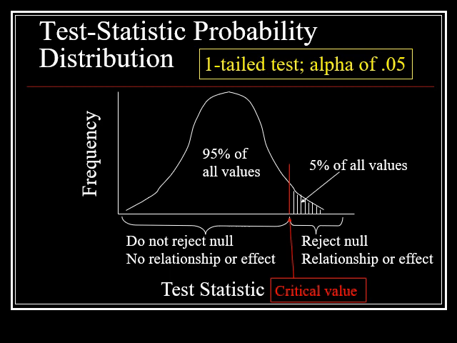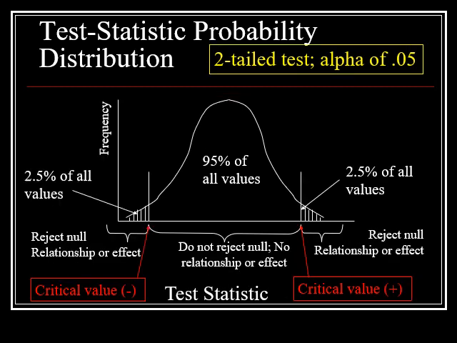When we go to a two-tailed test, we have to split that 5% up to each tail. So a two-tailed test with an alpha, also again, of 0.05, now because it's a non-directional hypothesis, we haven't actually stated whether we expect an increase or decrease. We still have to divide up the 95% of values that we would reject and the 5% of values that we'd accept. Except now that 5% has to be split in half, 2.5% on each tail.